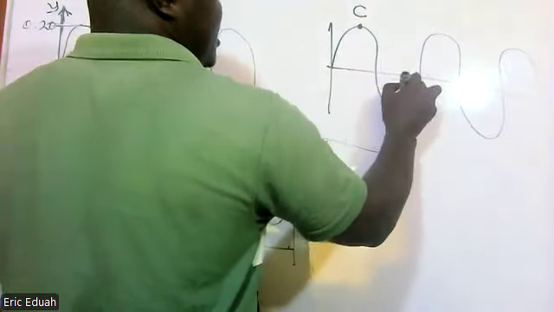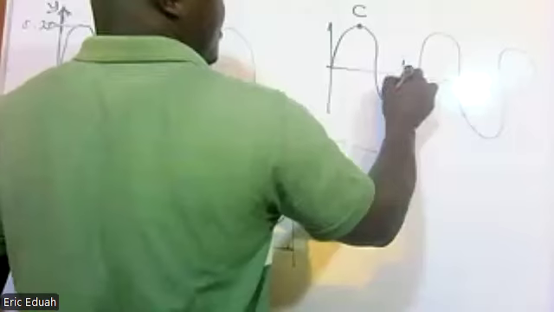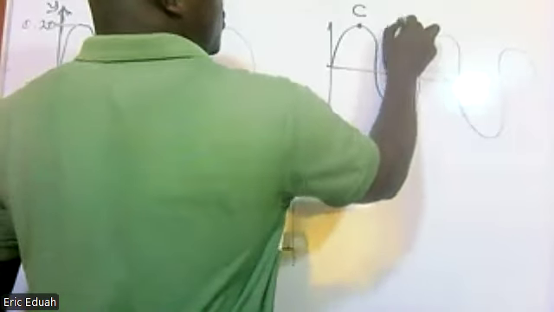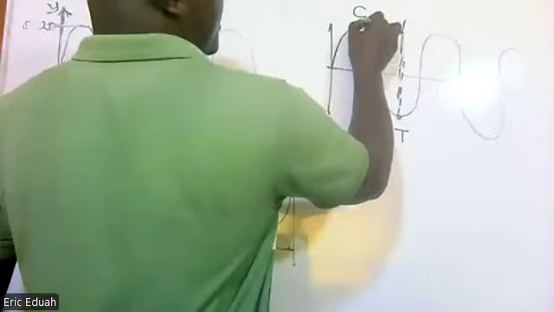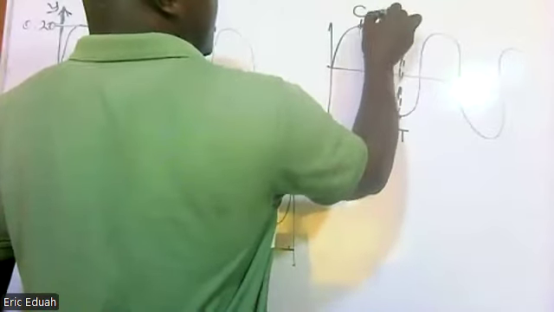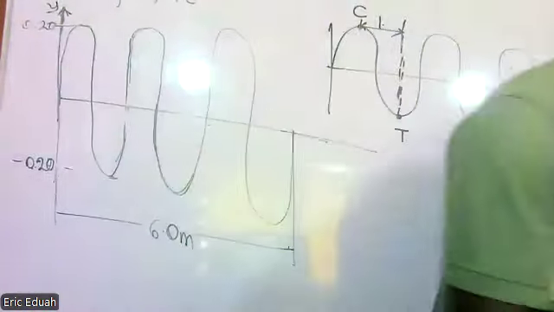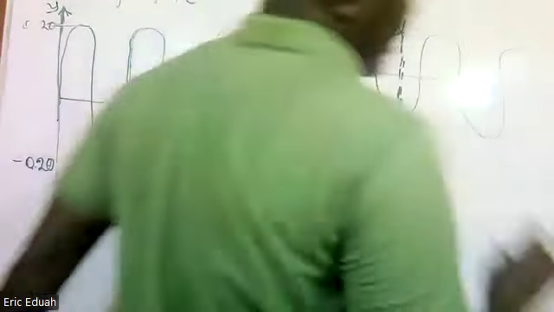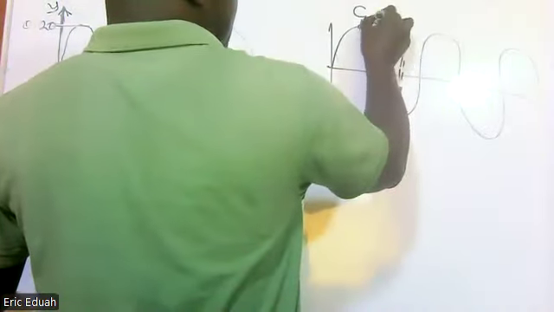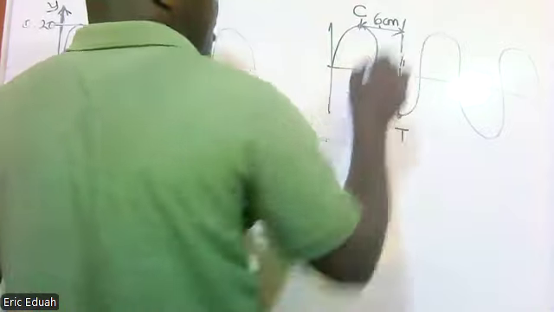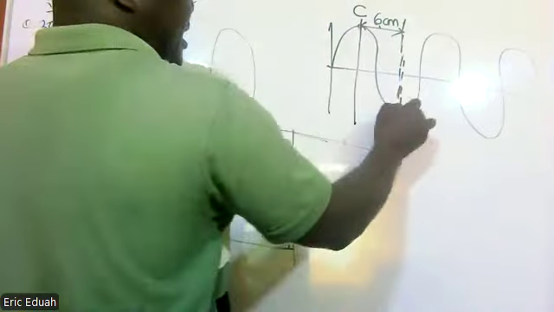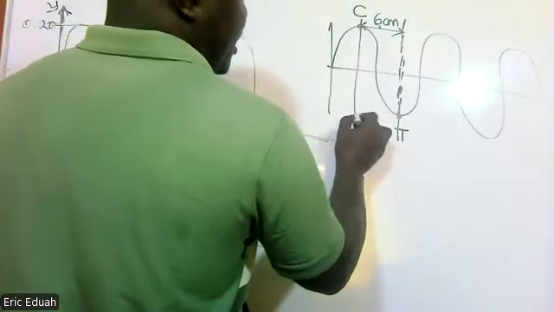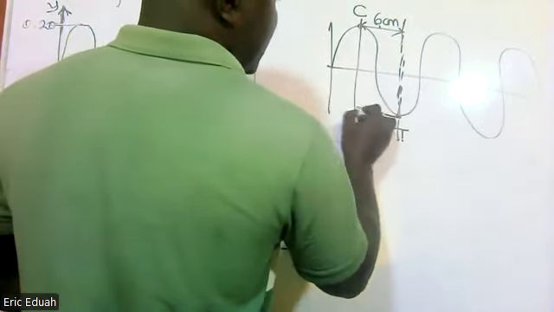We are told this distance is equal to 6 centimeters. This is a crest and its adjacent trough, and we are told that this distance is 6.